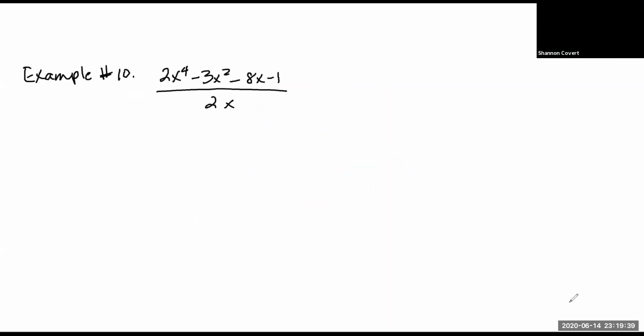Problem 10, 2x to the 4th minus 3x squared minus 8x minus 1 over 2x. Once again, we can do that simple polynomial division here. Rewrite it as 2x to the 4th over 2x minus 3x squared over 2x minus 8x over 2x minus 1 over 2x.